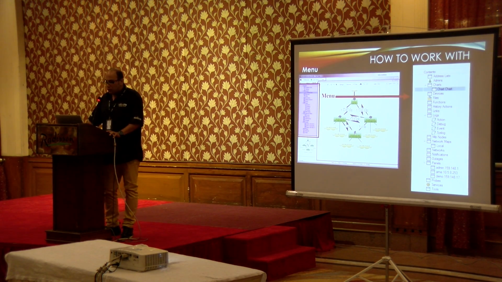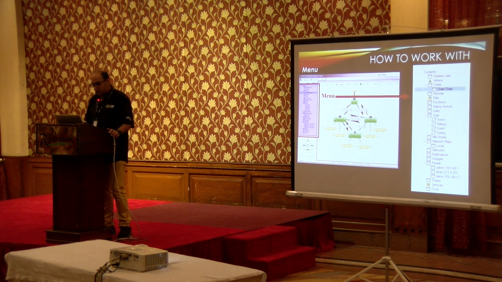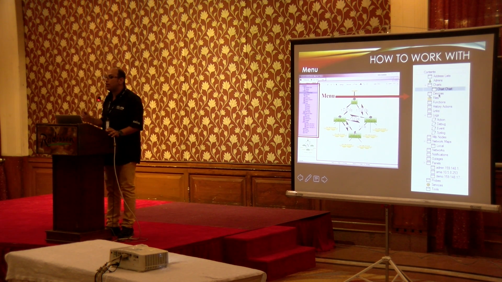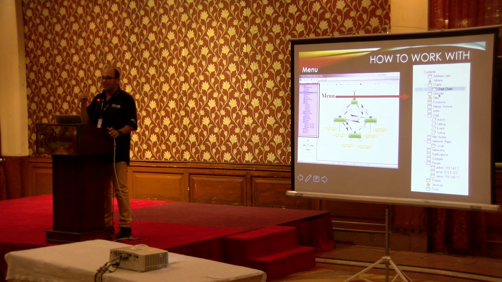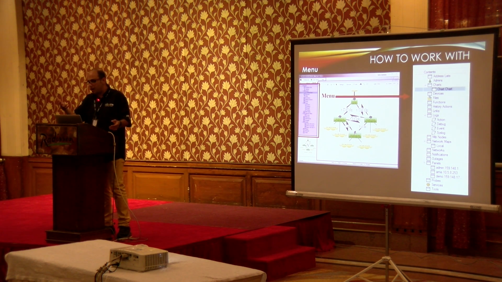In the main menu, I don't want to go through all of them because there are lots of options in here. But the most important options, for example, devices. Devices is important. You can have the list of all devices, no matter whether you have added them manually or they come automatically by auto discovery.